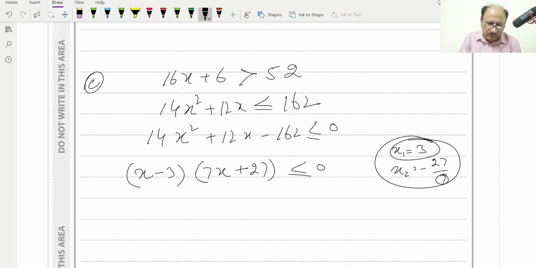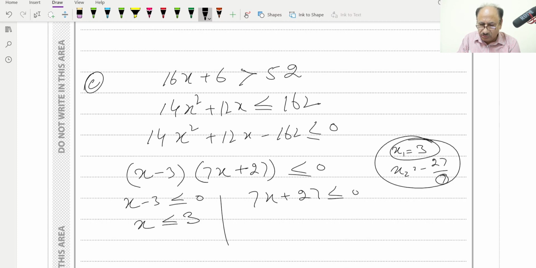Now we can write separately x minus 3 is less than or equal to 0, or x is less than or equal to 3, and for the second one 7x plus 27 is less than or equal to 0. So 7x is less than or equal to minus 27 and x is less than or equal to minus 27 over 7.